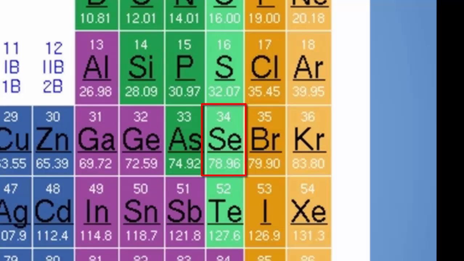If it wants to become stable like its nearest noble gas, the nearest noble gas to selenium is number 36, krypton. So selenium just has to gain 2 electrons to be like krypton. When it gains 2 electrons, it becomes a -2 charge, and its name becomes selenide instead of selenium. Okay? So that's how we can figure out how many electrons an atom is going to gain or lose and what its charge is going to be.